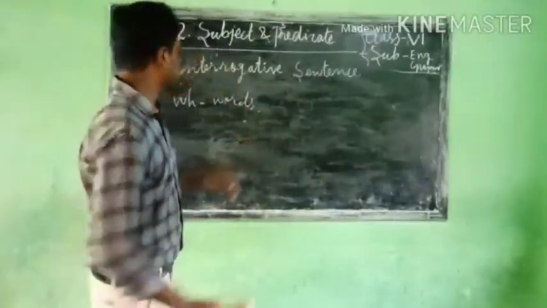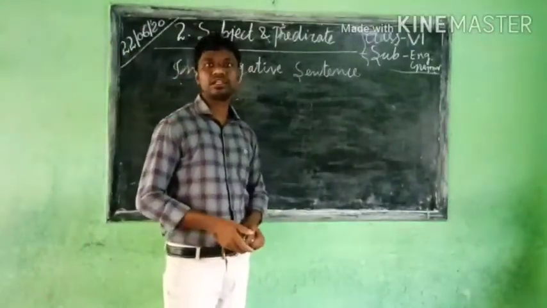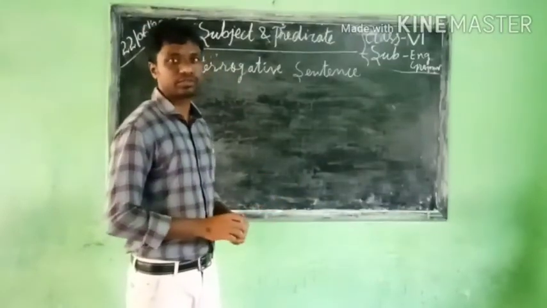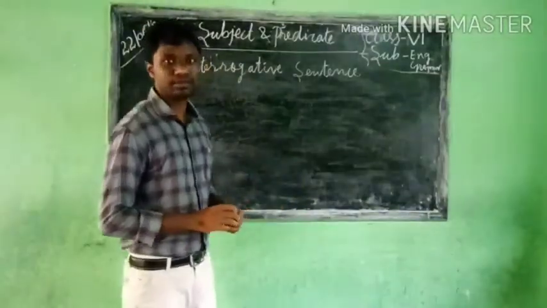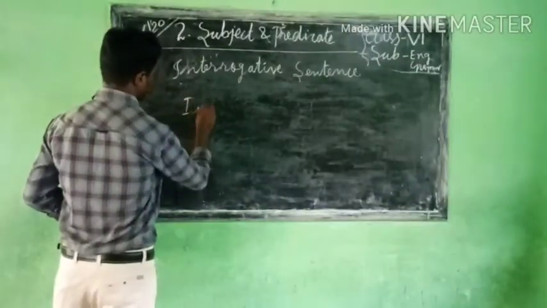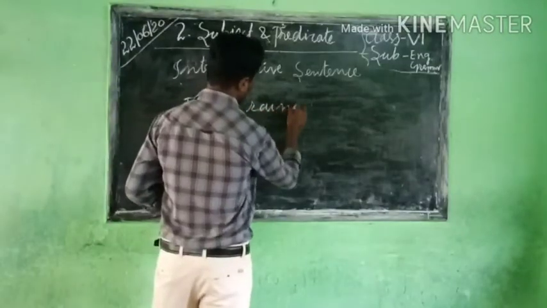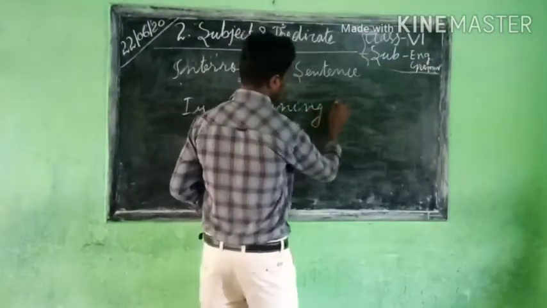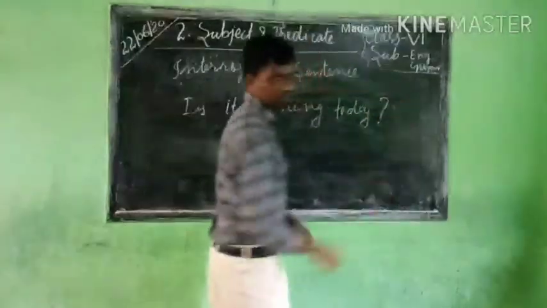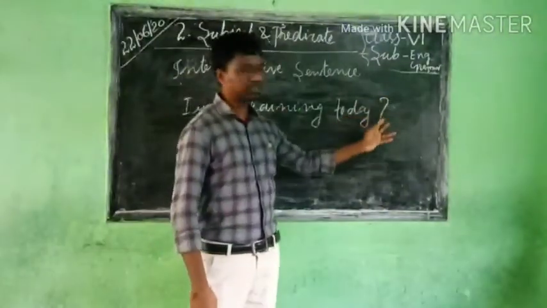Even without WH words we can make an interrogative sentence, for example, with an auxiliary verb. Remember, the interrogative sentence ends with a punctuation mark.